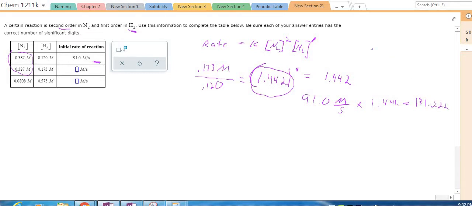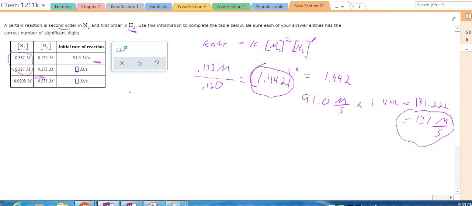Of course, we're going to have to worry about the right number of sig figs here. Everything is 3 sig figs, and so that is going to equal 131 molarity per second. That is how that initial rate of reaction is going to change as we change the concentration of hydrogen.